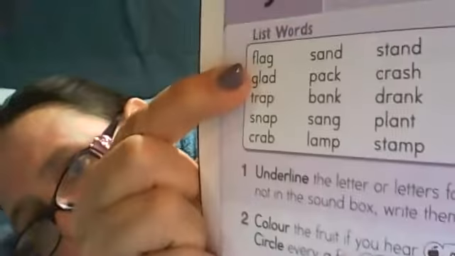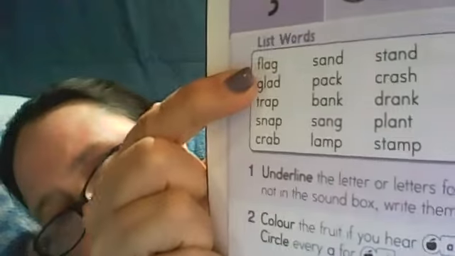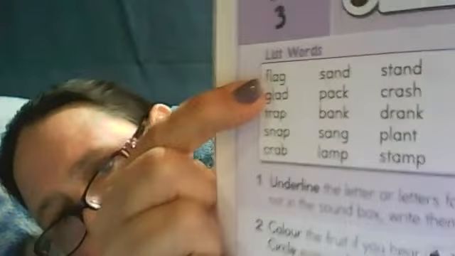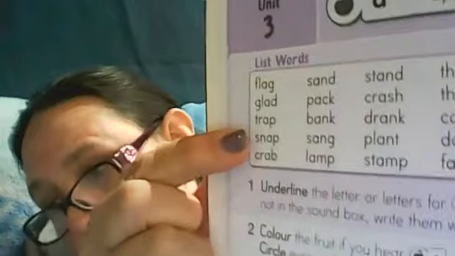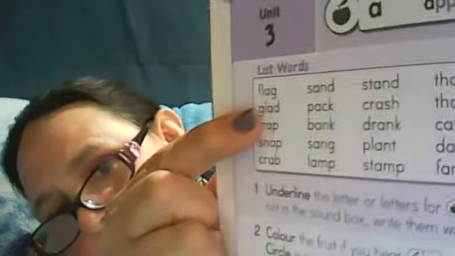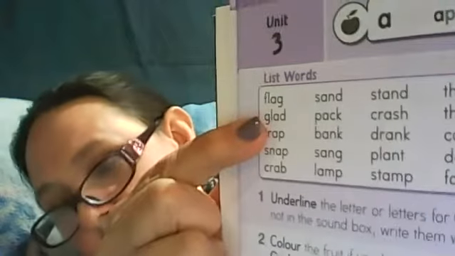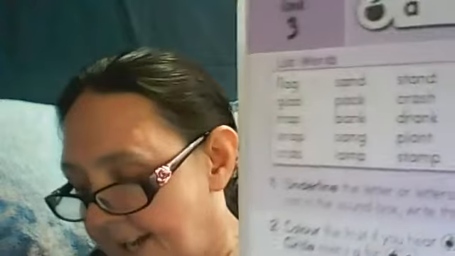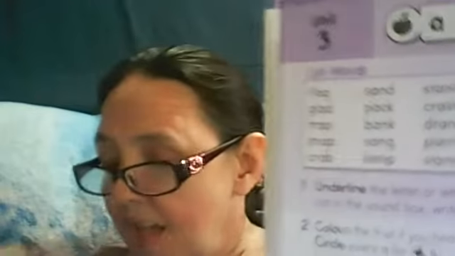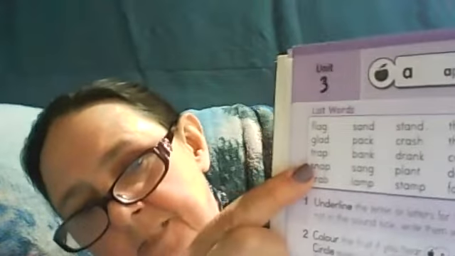Okay, so the first word is flag. You're pointing at your word flag. You said flag. Each one that I say, you should say after me. The next one is glad. You're pointing at the word glad on your page and saying glad. The next one is trap.